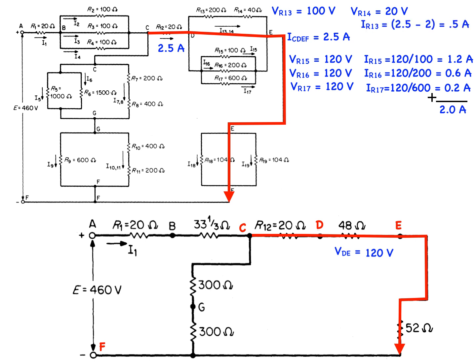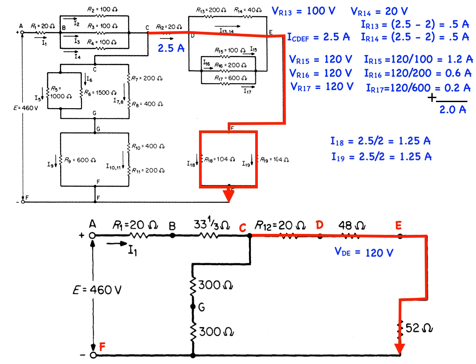The current flowing from E to F is 2.5 amps, and because R18 and R19 are equal, the current of 2.5 amps will split evenly, such that the current through R18 is 1.25 amps, and the current through R19 is also 1.25 amps.